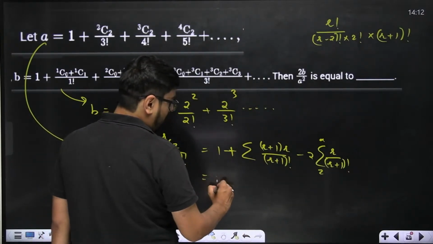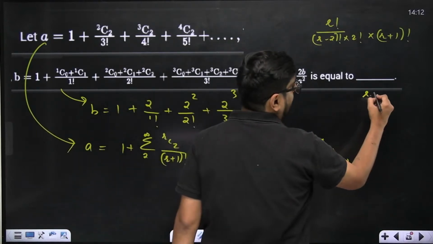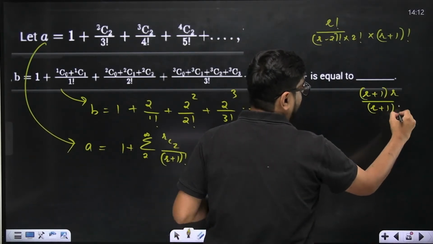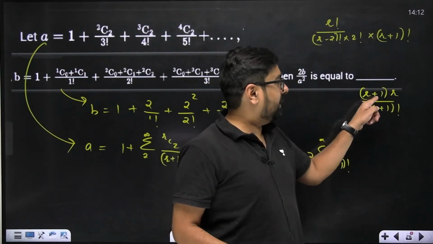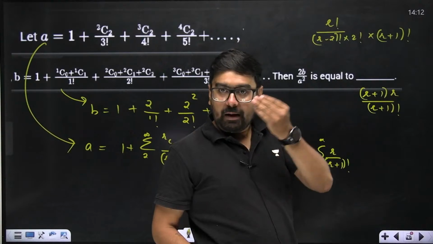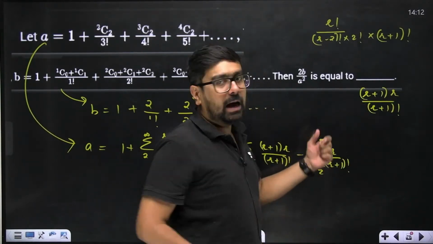So this is 1 plus, now this r plus 1, r upon r plus 1 factorial. R plus 1 upon r plus 1 factorial will be what? 1 upon r factorial, right? Why?